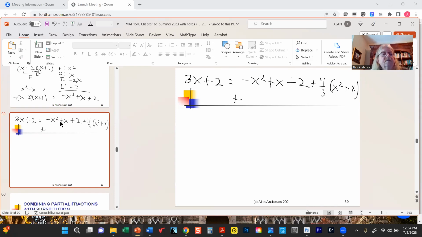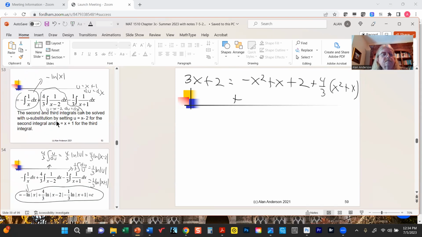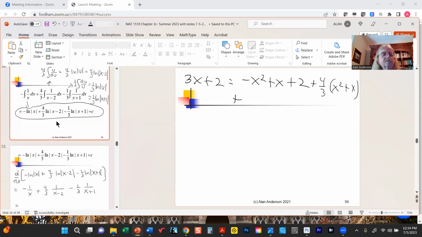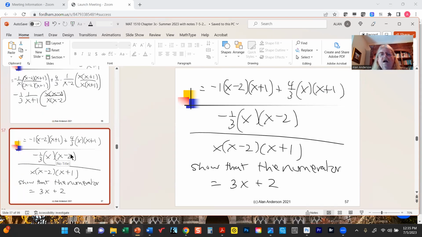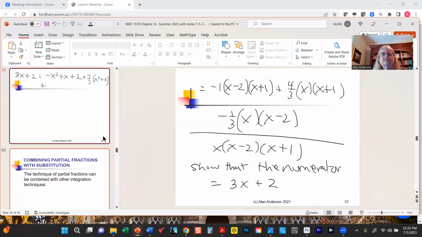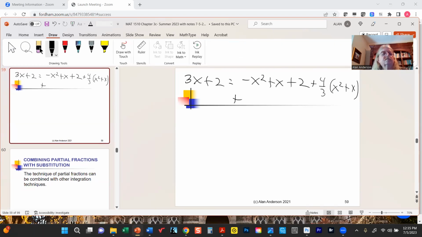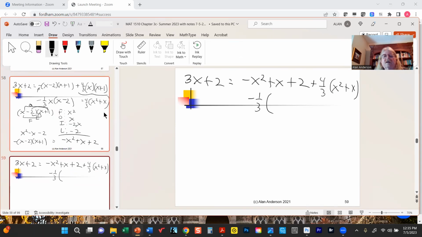And then the last term would have been minus a third x squared minus 2x. Okay, x squared minus 2.